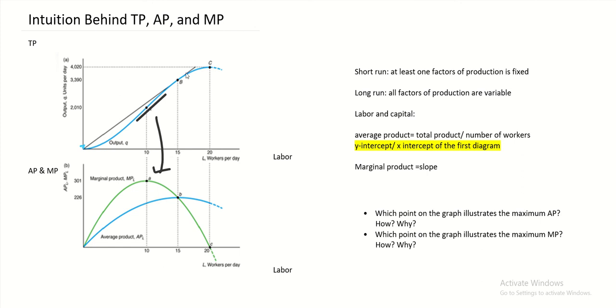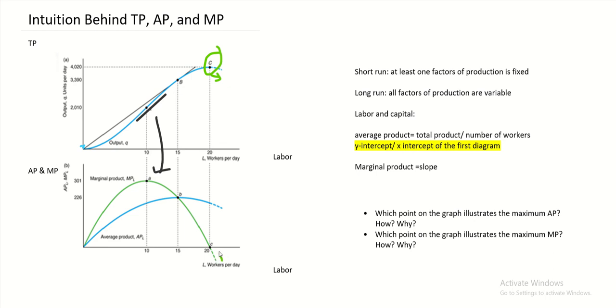Finally, we will look at point C, which is the highest point on the total product curve. That makes a lot of sense because when the total output begins to decrease, any additional worker that we put in place will actually decrease our total output, meaning that the marginal product is negative.